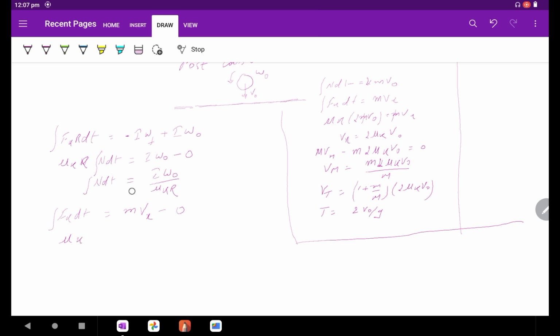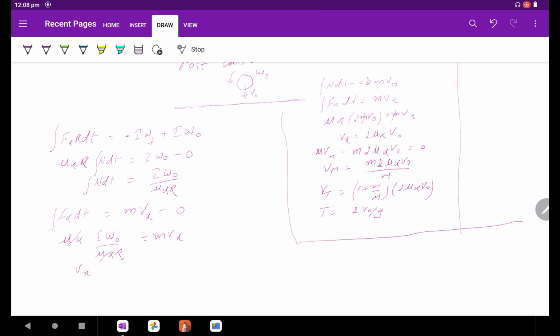Please do check where fk r dt is over here. Mu k I keep as it is, and N dt. Now N dt will be replaced by the N dt integration as per what we have got from the aforementioned, I naught omega by mu k r, is equal to mvx. Now look over here, mu k loses its relevance completely.